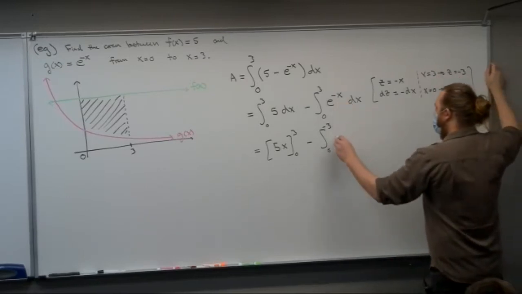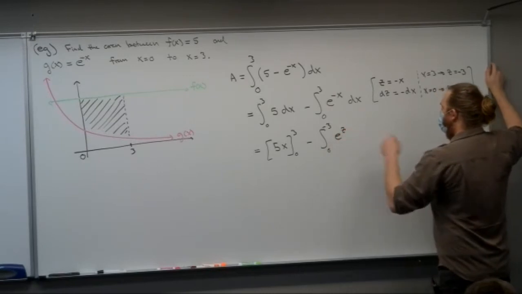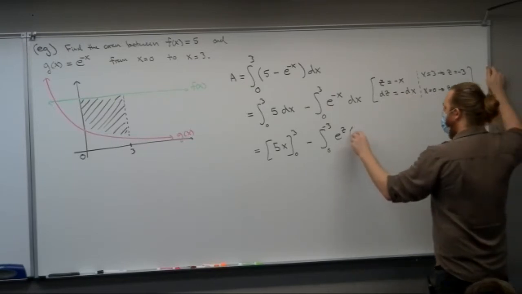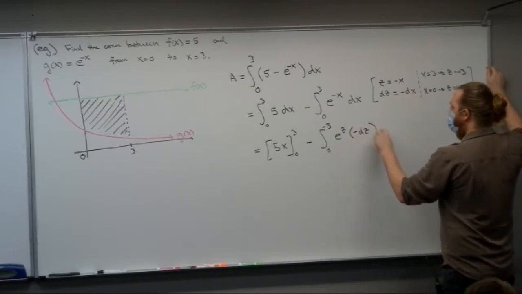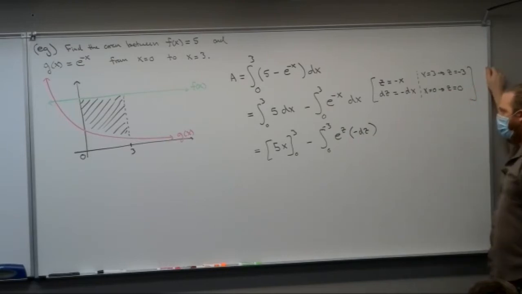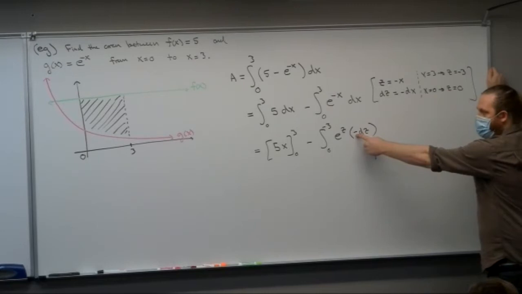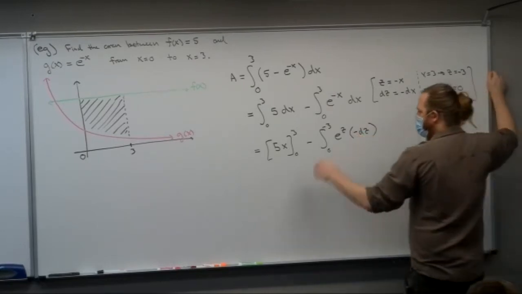E to the negative x becomes e to the z, and dx. If you solve this for dx, you'd see dx is negative dz. So I'll just write negative. This negative is a multiplicative constant, right? It's like having a factor of negative 1 inside.